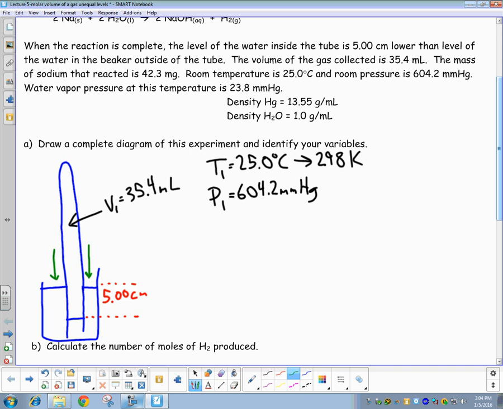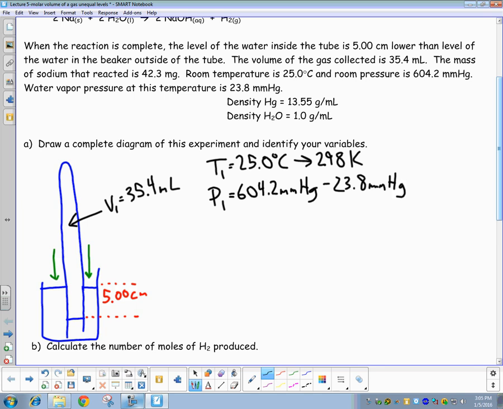We need to then go ahead and use the water vapor pressure at this temperature of 23.8 millimeters of mercury, and as you have done with the previous problems, subtract that from our P1. So we will subtract 23.8 millimeters of mercury as that air pressure is then exerting a force on the water, which then exerts a force on the gas trapped inside the tube.